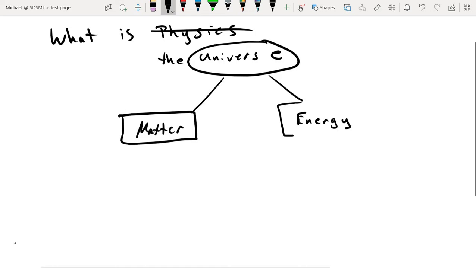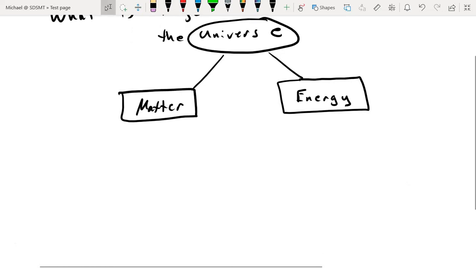And again, there are different kinds of energy, just like there are different kinds of matter. There's a theorized dark matter, which we really don't understand. But for right now, this is an introductory course. We'll go ahead and deal with just these two components of the universe.